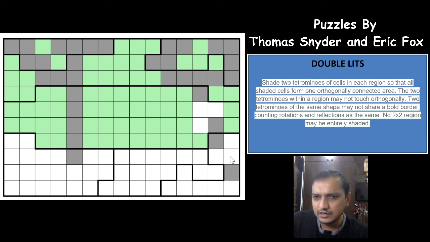And in either case, this tetromino cannot go further. This will be shaded, but this tetromino will have to connect to other tetrominos using one of these 2 cells, right? So if you have an S here, L here, it will connect using this S. If you have an S here, you will connect using this cell.